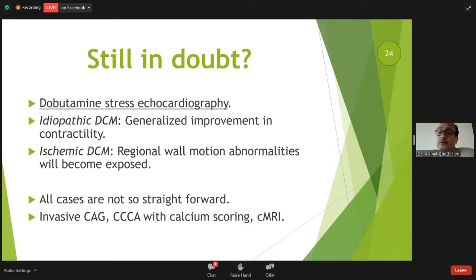MRI is coming to the forefront mainly because of its ability to show myocardial fibrosis by means of late gadolinium enhancement. Now, you have to understand this, that if there is no fibrosis, it is very unlikely that the failure has been because of ischemic heart disease.